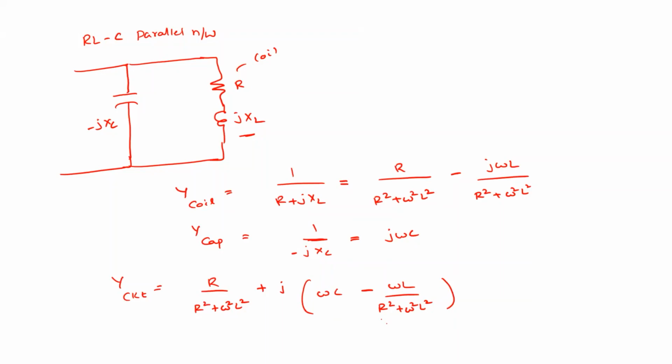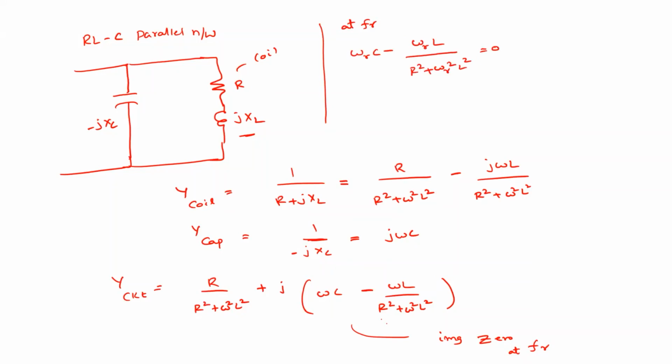So now, if you want to find out the resonant frequency, this imaginary term is equal to 0 at FR, at resonant frequency. So this will be omega R C minus omega R L by R square plus omega R square into L square, which is equal to 0.